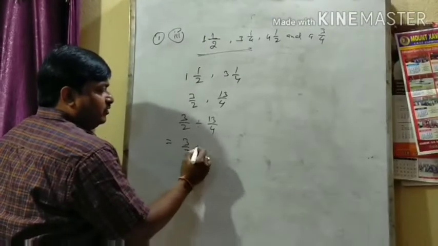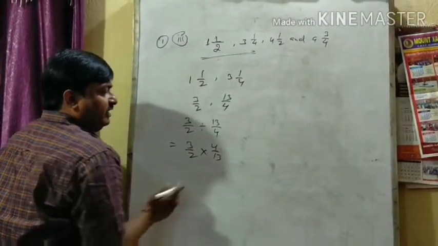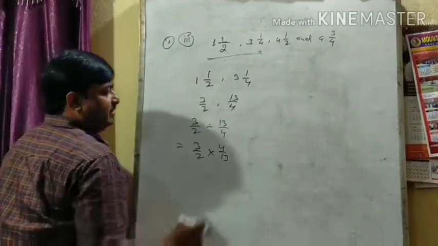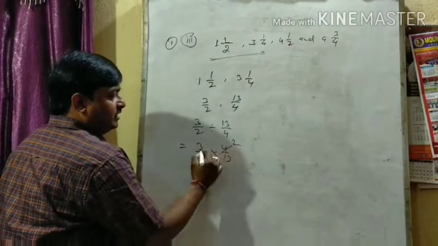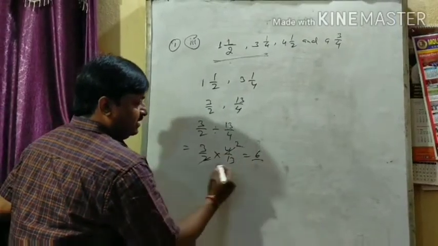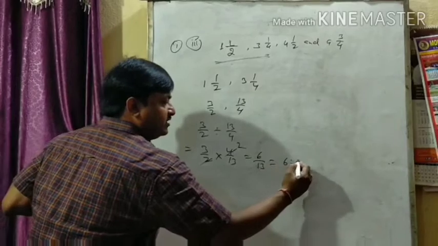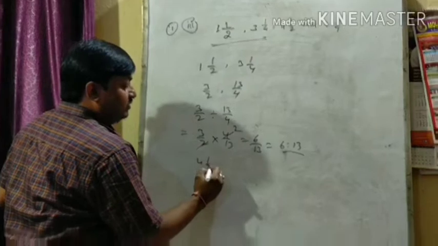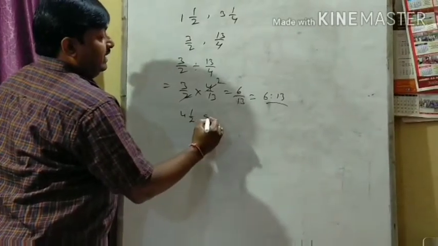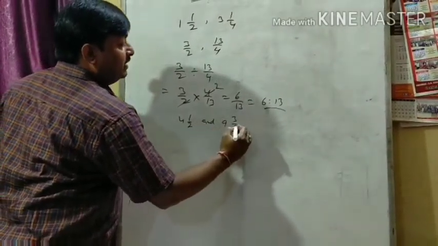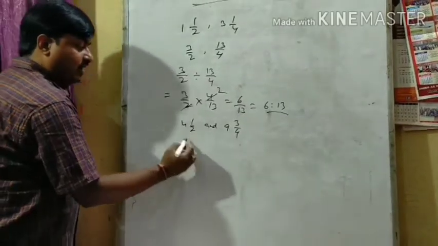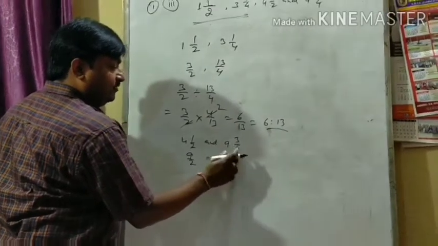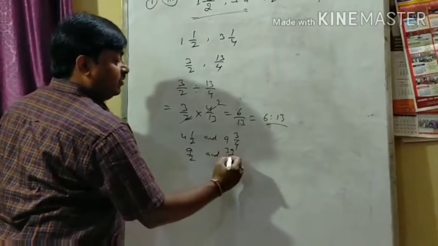So 3 by 2 into 4 by 13, we take the reciprocal of the divisor, that is 13 by 4. So 2 2s are 4, 3 2s are 6, 6 by 13 1s are 13. It is equal to 6:13. Take the other quantities, 4 whole 1 by 2 and 9 whole 3 by 4. 4 2s are 8, 1, 9 by 2, and 9 4s are 36, 3, 39 by 4.